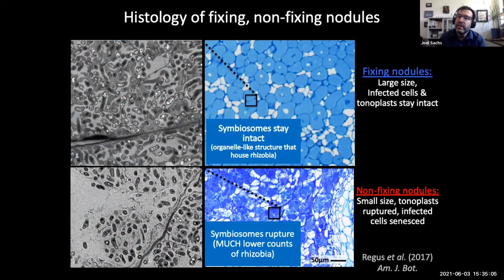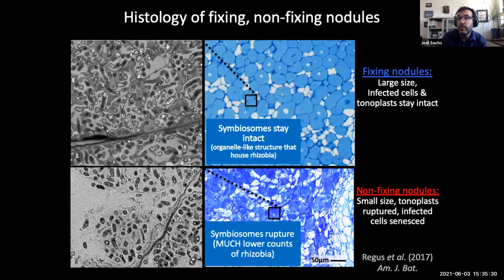These are rhizobia that have undergone a differentiation process to be nitrogen fixing symbionts, and they bear a lot of features similar to organelles. When the rhizobia enter a plant cell, they actually wrap themselves with a layer of plant membrane. And we call this the peribacteroid membrane.